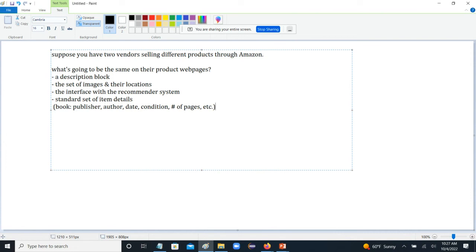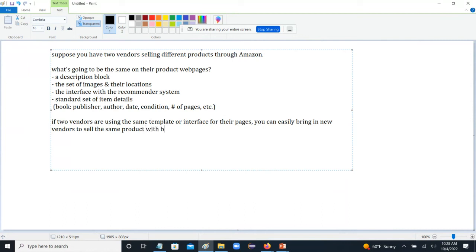So you built up some sort of XML or JSON structure that all these vendors can use. And once you've designed it for use by two vendors, if two vendors are using the same template or interface for their pages, you can easily bring in new vendors to sell the same product with basically the same structure.